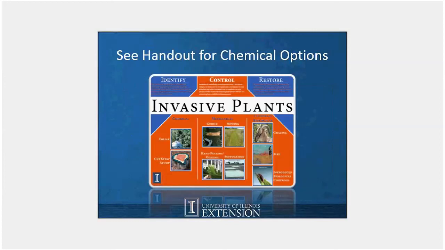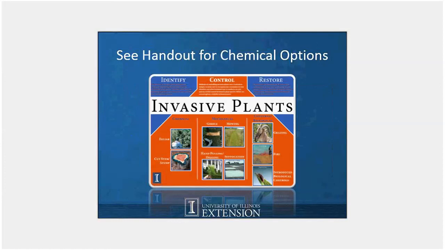The handout that you should have received when Kari sent out your materials for tonight, Chris and I did a handout on chemical options for the invasive plants and how to control them. The front, you can see, covers the 2 examples that I gave, and then the information that Chris covered. The second half of that handout, we do have some chemical recommendations and just a little bit of information there.